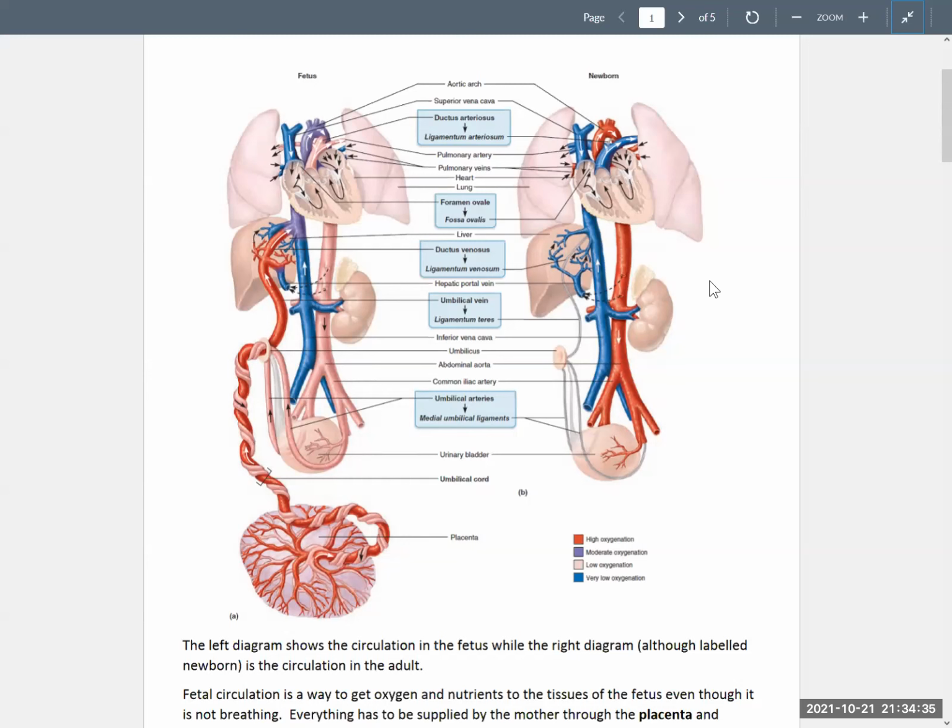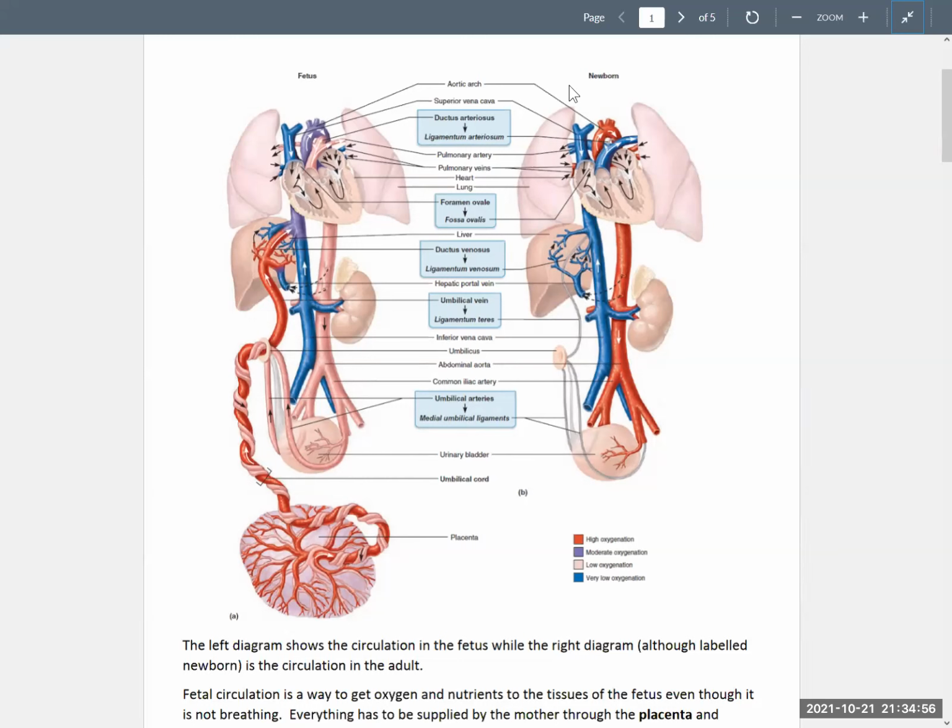But you should be able to find it in your book, looking at the index and look up fetal circulation. Okay. On the left-hand side, this is the circulatory system of the fetus. And on the right-hand side is the circulatory system of the newborn.